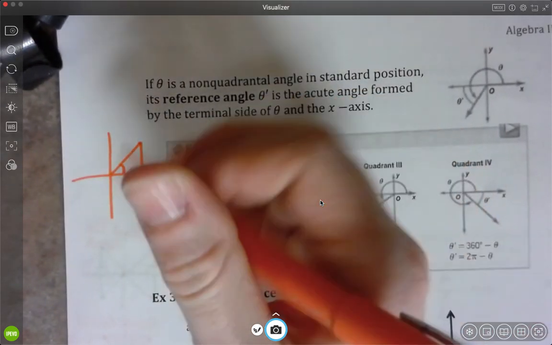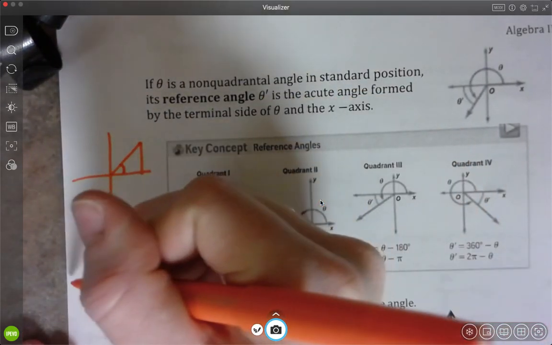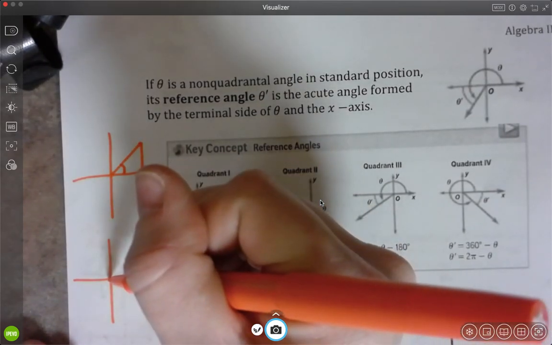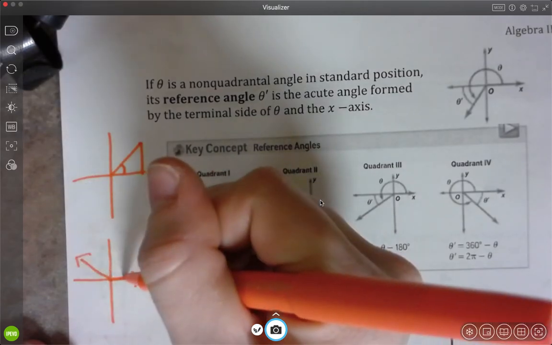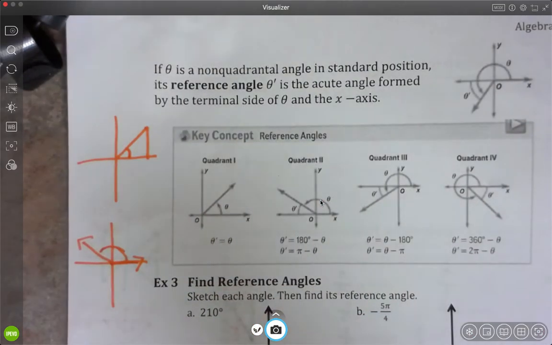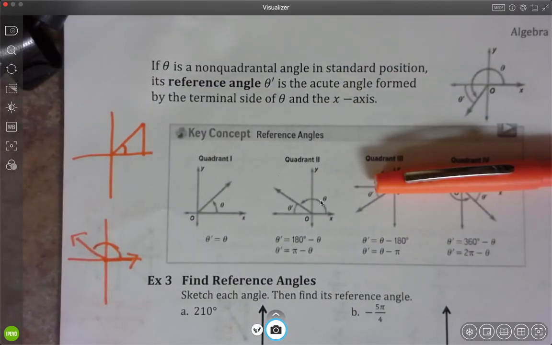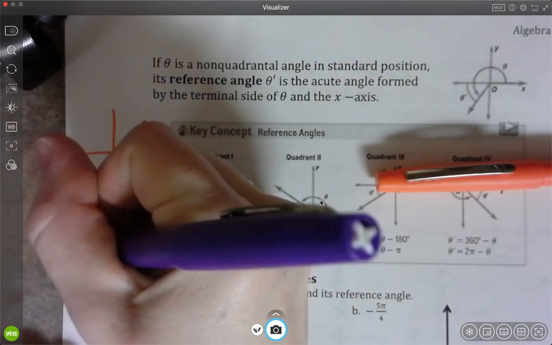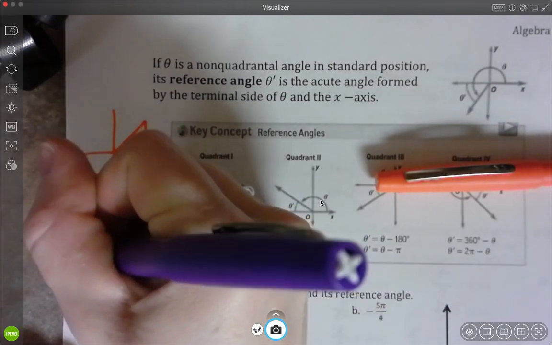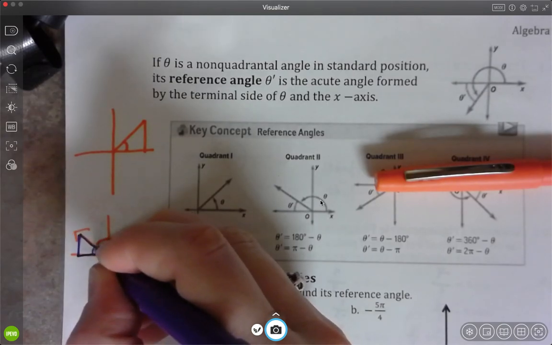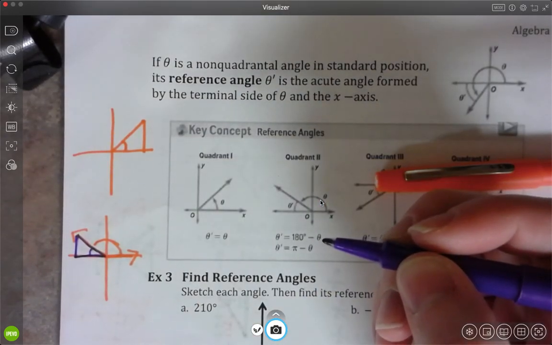Let's say instead I have an angle that starts here and goes into the second quadrant, like this angle right here. What I would do is make part of my bow tie out of that, and connect it back down to make this triangle, like you were trained to do. This angle is going to be my reference angle. Imagine this is 120 degrees.